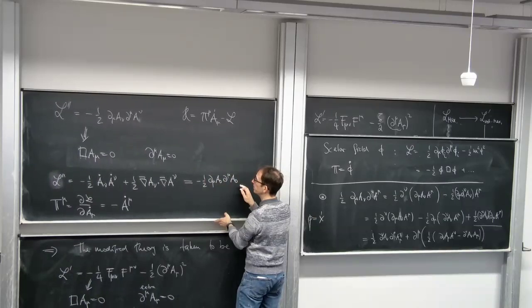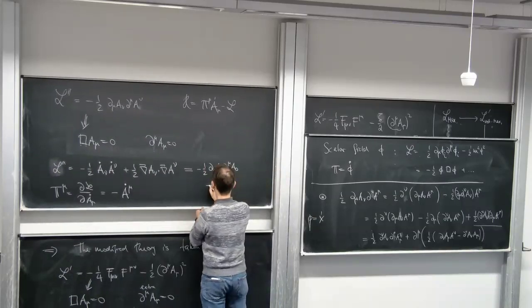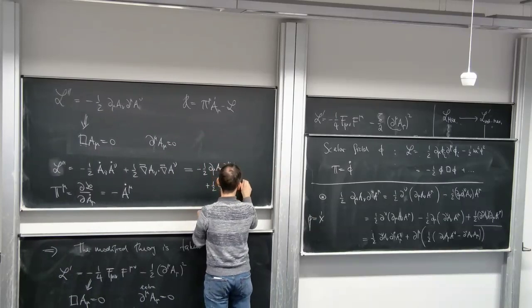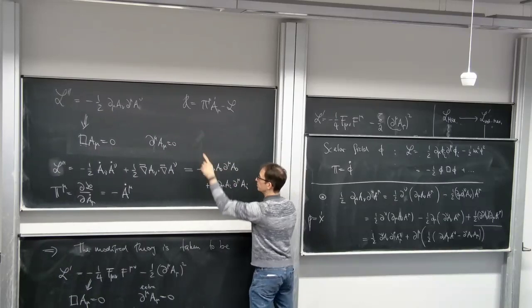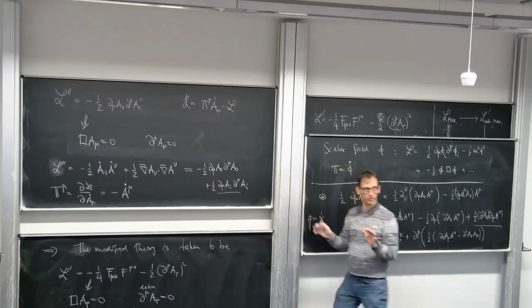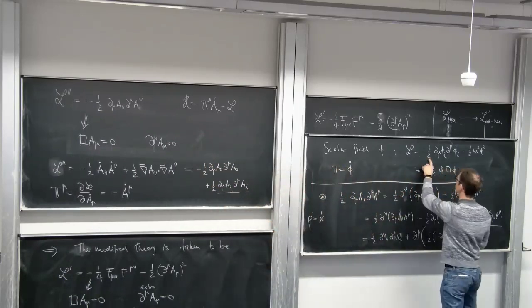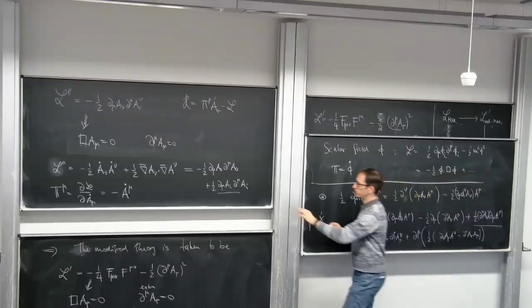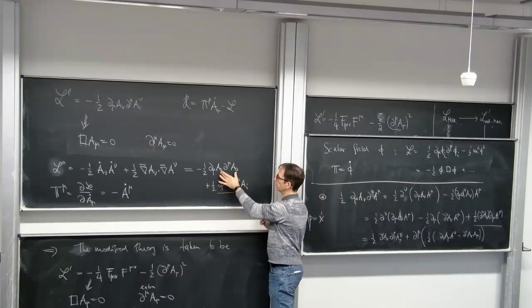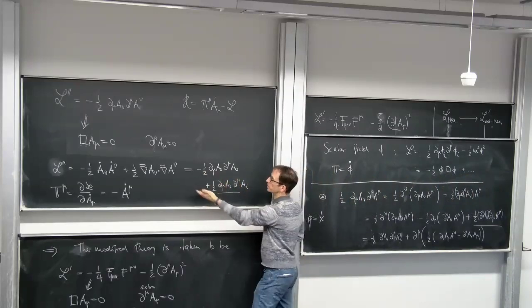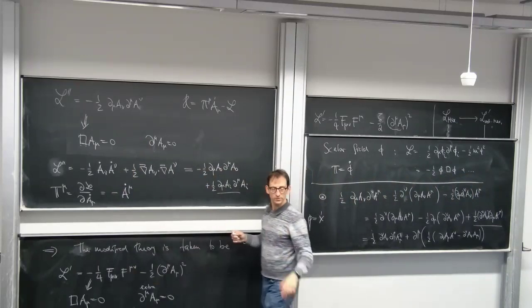It's plus 1/2 d mu A i d mu A i. So if I pull down an i, I have a minus sign which changes to plus. So this is the normal canonically normalized plus 1/2 kinetic term for a scalar field, actually for three scalar fields, summed over i, and the 0 has the opposite sign. So that's why the whole thing looks like it has the minus sign.